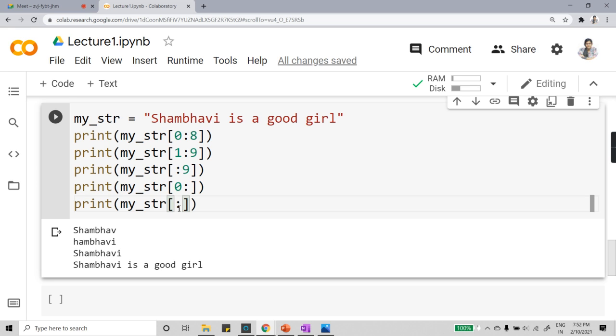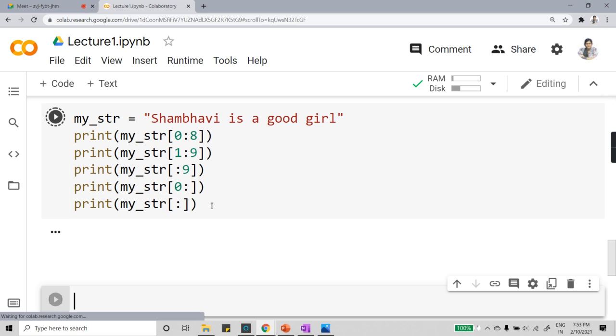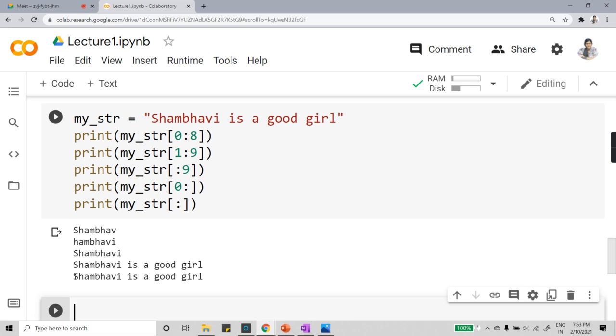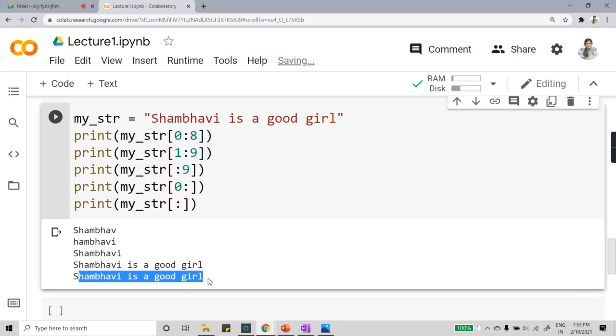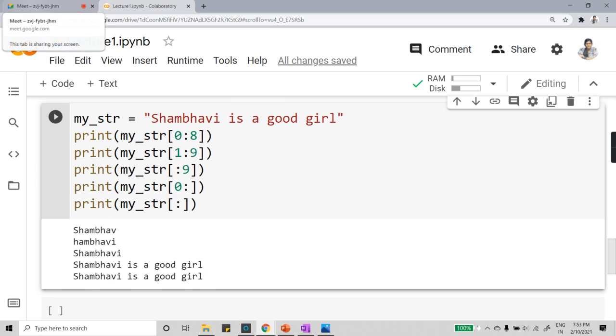The length of "Shambhavi is a good girl" is 24, as we saw yesterday. So it will automatically take the starting index as 0 and the ending index as 24. When I run this program, I would get "Shambhavi is a good girl." This is my whole string, because I have not specified any starting value or ending value.